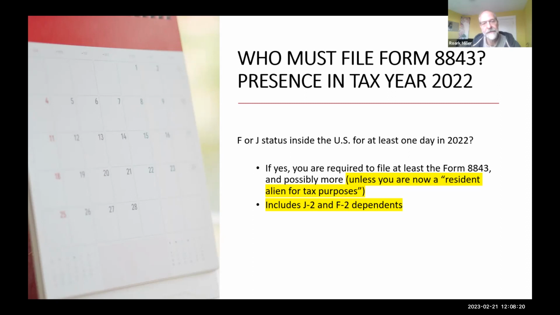So you have to be in F or J status and in the US at one point in 2022 and be a non-resident alien for federal tax purposes.